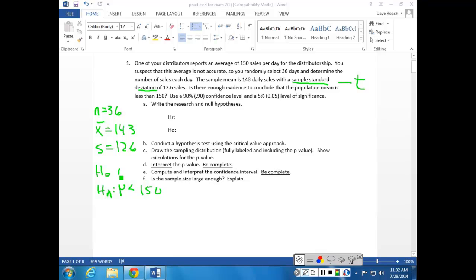And so H0 will be equal to 150. Always have an equal sign in the null hypothesis, and some form of inequality, in this case, less than in the alternative. HR is research, same thing there. You could put that in here.